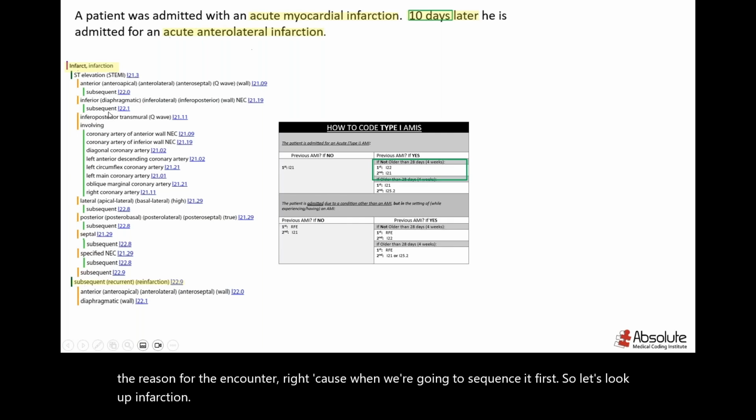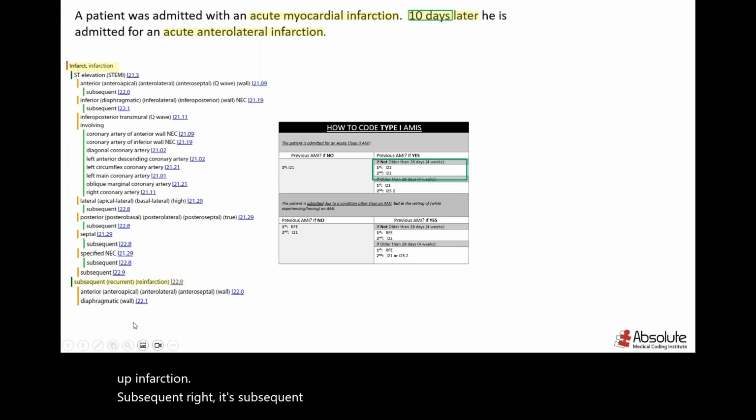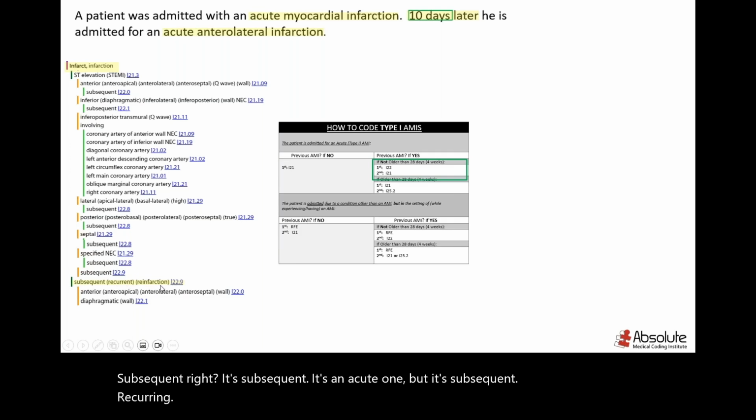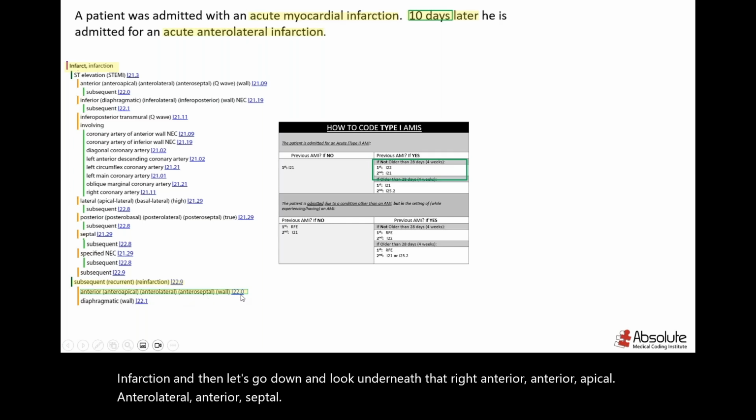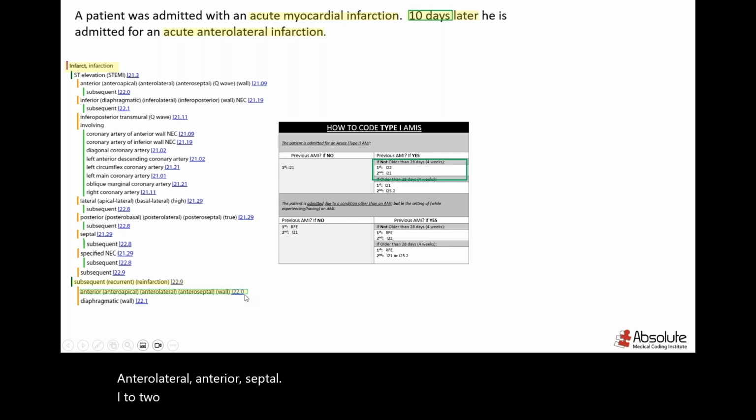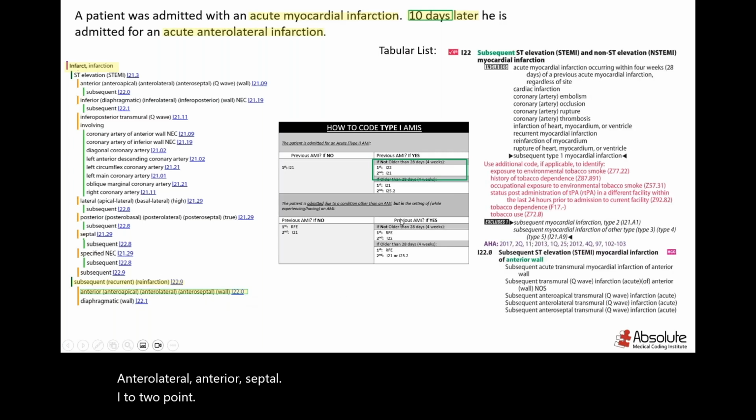It's an acute one, but it's a subsequent, recurring infarction. Then let's look underneath that: anterior, anteroapical, anterolateral, anteroseptal, I22.0. This is the first one.